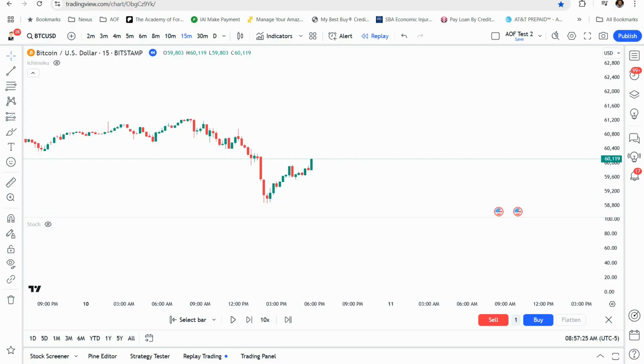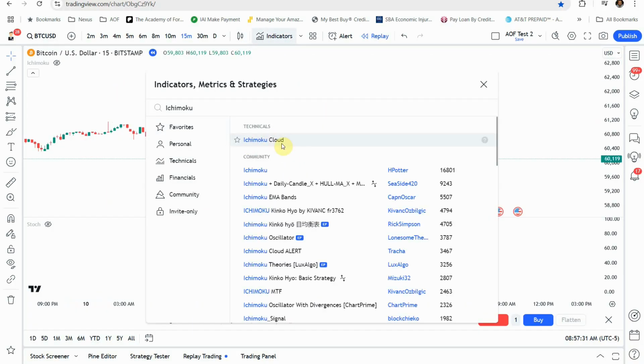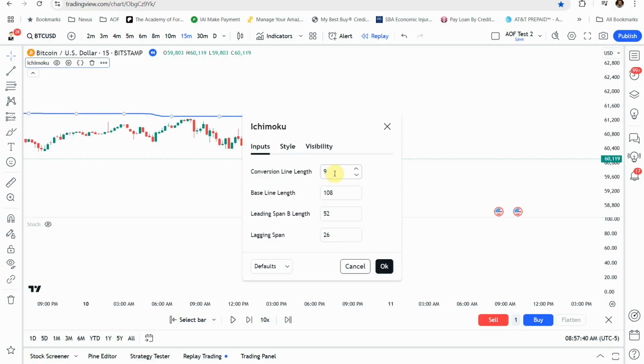The first indicator we will add to the screen is going to be the Ichimoku indicator, the Ichimoku cloud. This one right here. This one's a TradingView built-in indicator. And so you just click that one there, add it to the screen, and you're going to jump into the settings.